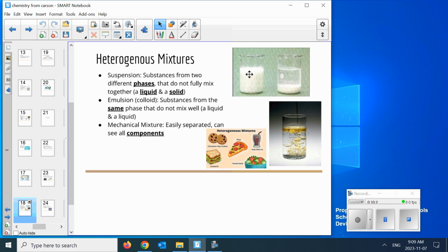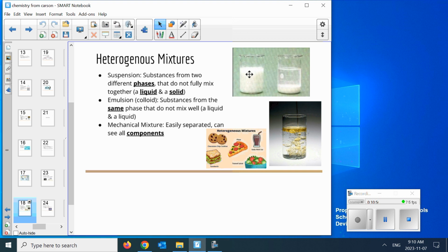Emulsions or colloids, substances in the same phase that don't mix well, a liquid and a liquid sometimes. Mayonnaise is often used as an example, right? But how about oily salad dressings, vinegar and oil, like Greek or Italian salad dressing? You shake it up, kind of mixes, but then 3 minutes later, it's separated, right? Doesn't mix well, okay? A mechanical mixture is easily separated. You can see all the components.